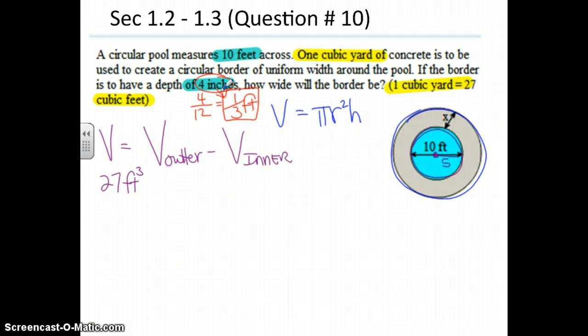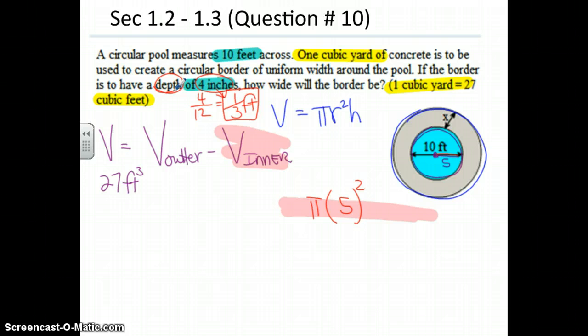So when I'm trying to find the volume, let's do the volume of the inner first of all, because it might be a little bit easier. So the volume of the inner says pi r squared h. The r is this 5 squared, and then the height is equal to the depth of the pool.